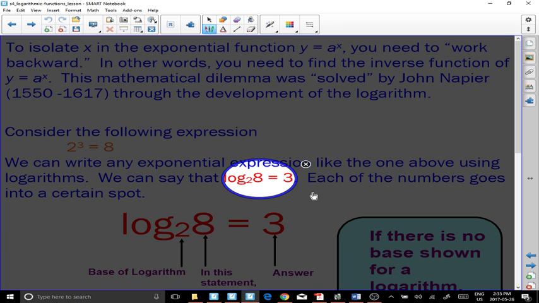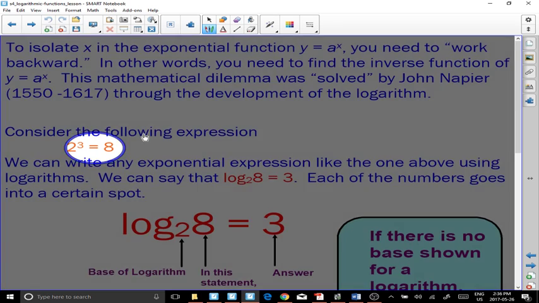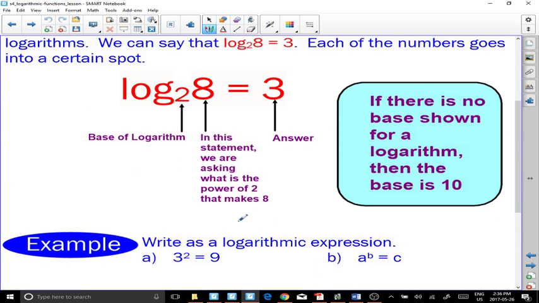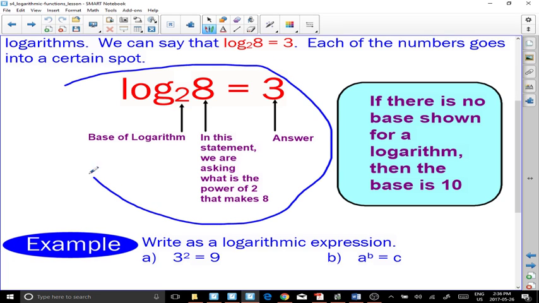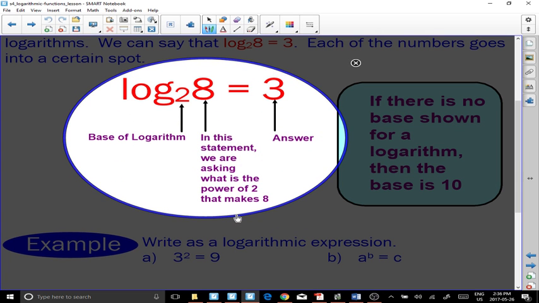That's the exact same thing. It's telling us the exact same thing. We're still using the 2, the 3, and the 8, but we're using them in a different way. If we take a look at a logarithmic expression like this, the 2 is the base, and what the 8 tells us is this.